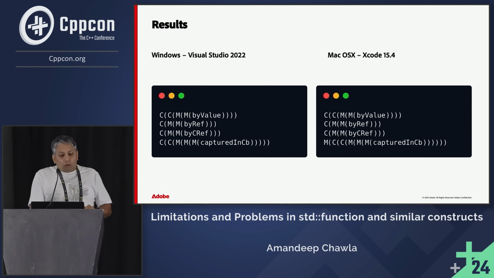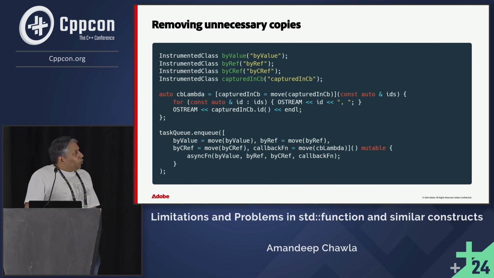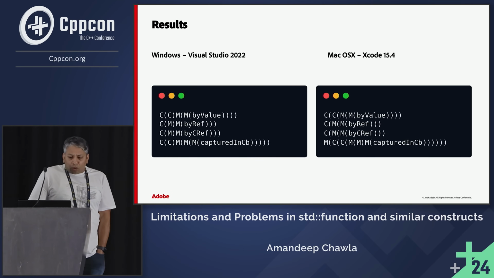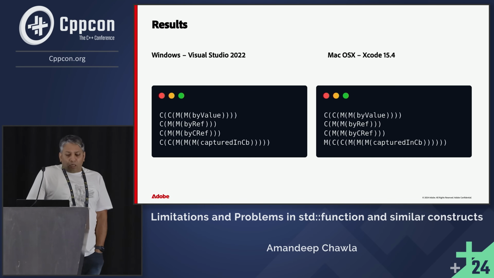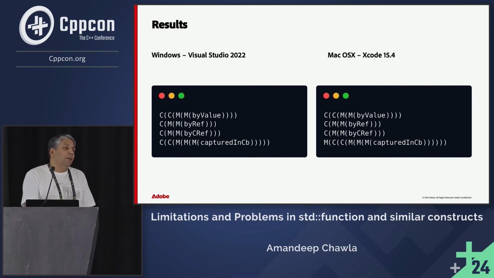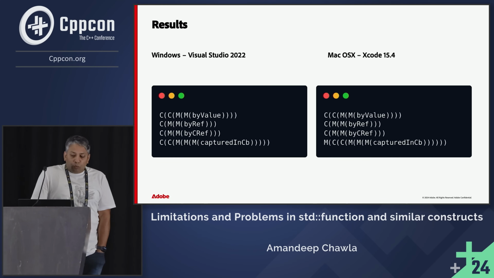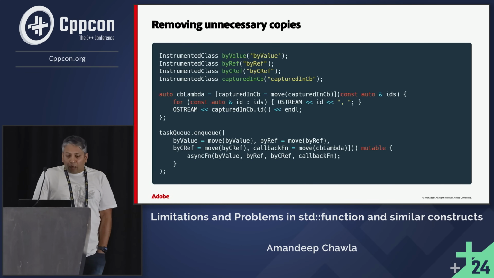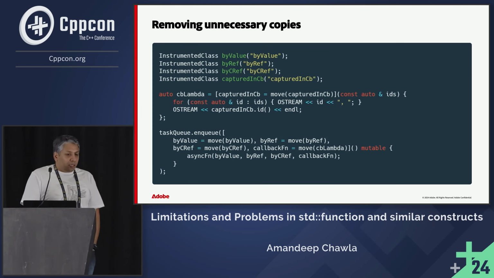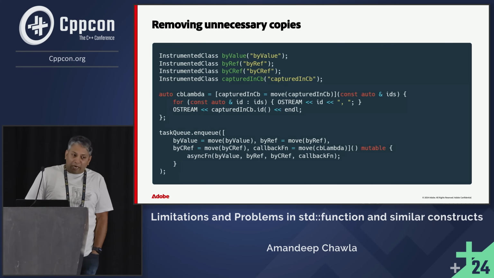Okay, so if you see, there are two copies happening on by value and even on the captured object. They were pretty easy to solve. I can remove one unnecessary copy by just changing the code a little bit, which was actually bad on my part.